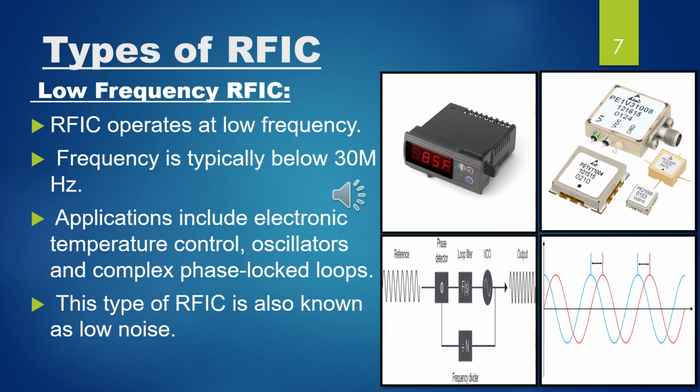If different frequencies are locked together, with a fixed phase difference between them, say 180 degrees, we call it a locked loop. So this is the complex phase locked loop. This type of RFIC is also known for low noise.